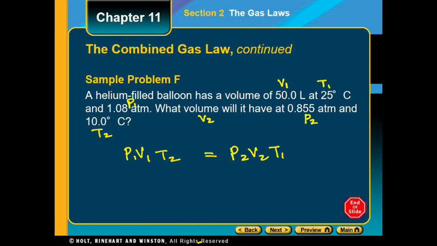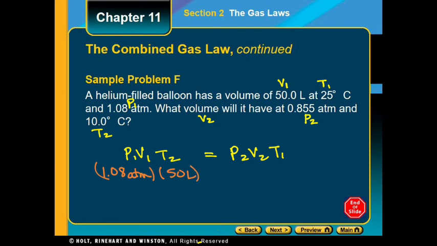And we'll get to plugging these in. So P1 is given, and again, make sure your units match up. Liters, we'll be solving for liters. We'll get all of our temperatures in Kelvin. I see atmospheres and atmospheres. So 1.08 atmospheres for pressure 1. Volume 1 is 50 liters.